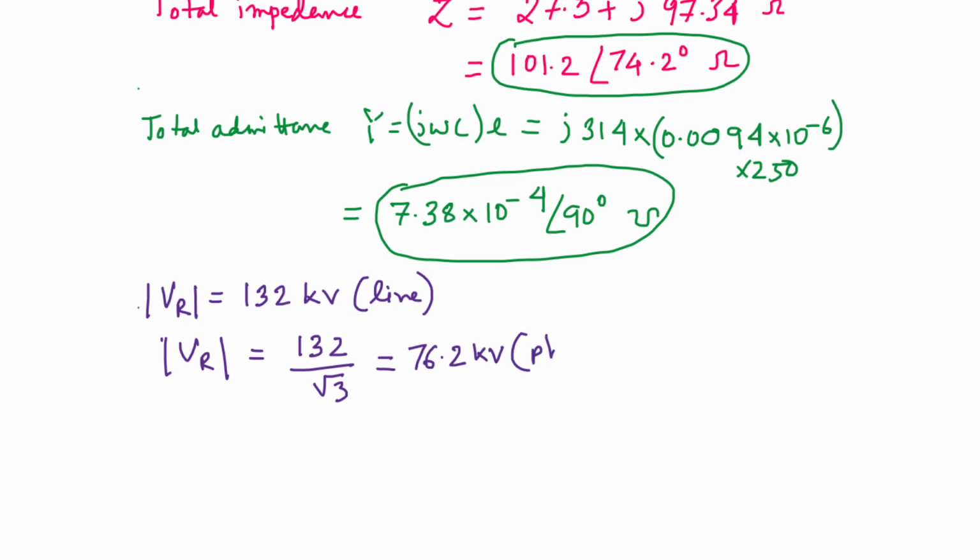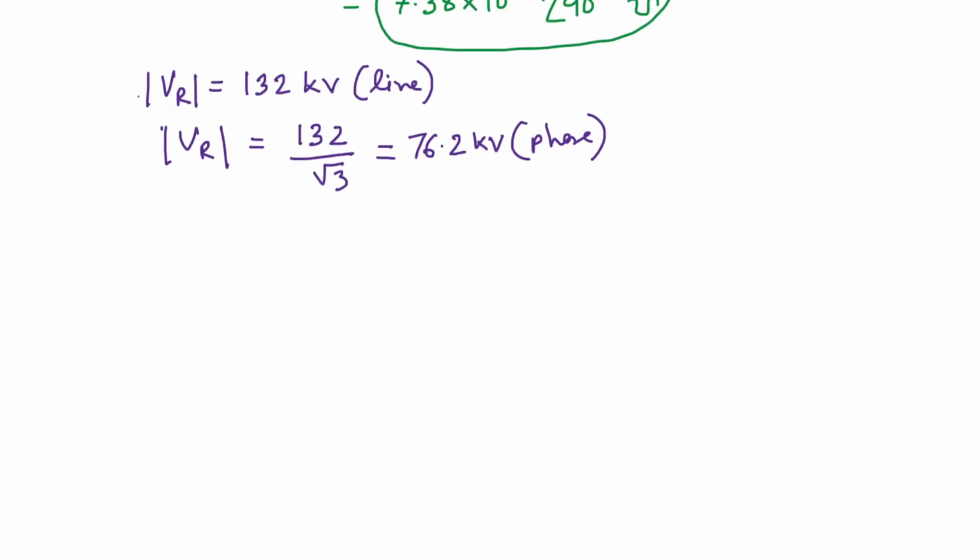It is phase. Receiving end power is given as 25 MVA at 0.8 PF lagging. So from these two data we can evaluate IR.